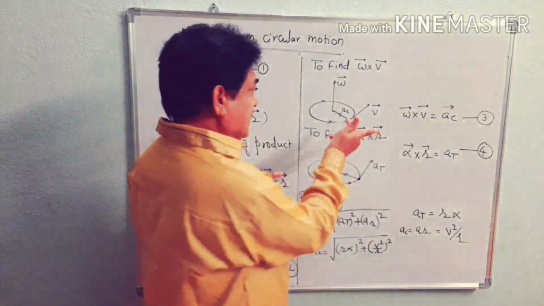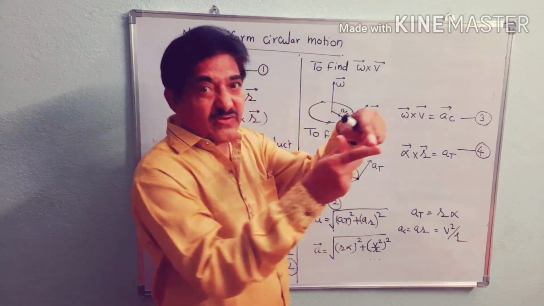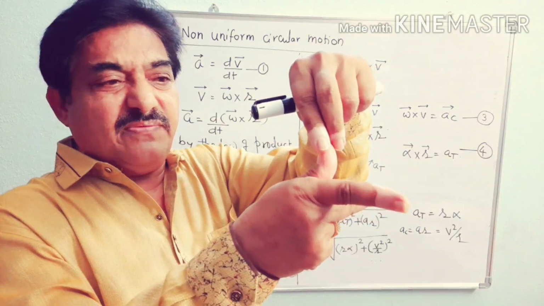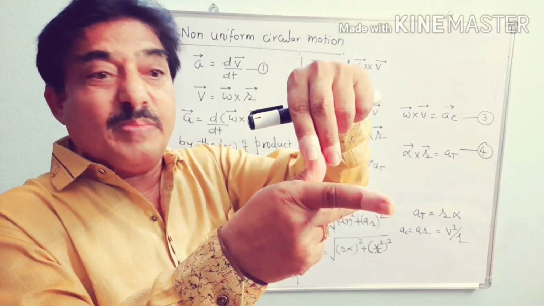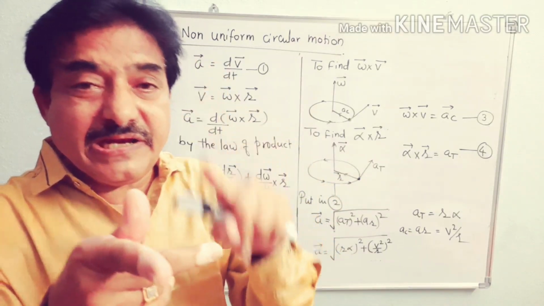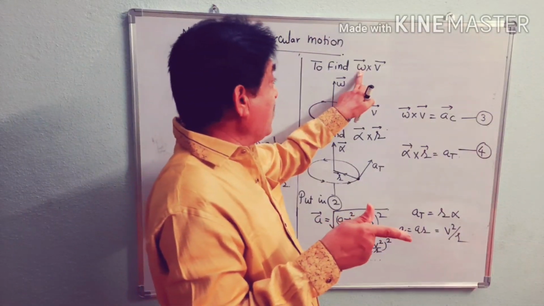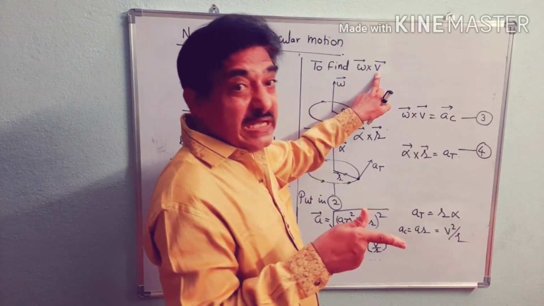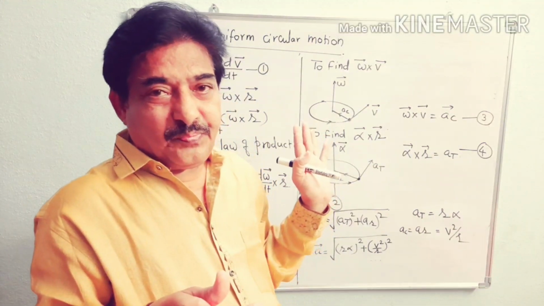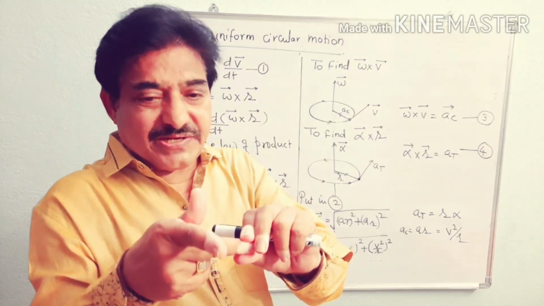The forefinger represents the velocity. The finger perpendicular to the plane of the circular motion represents omega, and the third finger represents the direction of acceleration, because the product of angular velocity and linear velocity gives the acceleration.